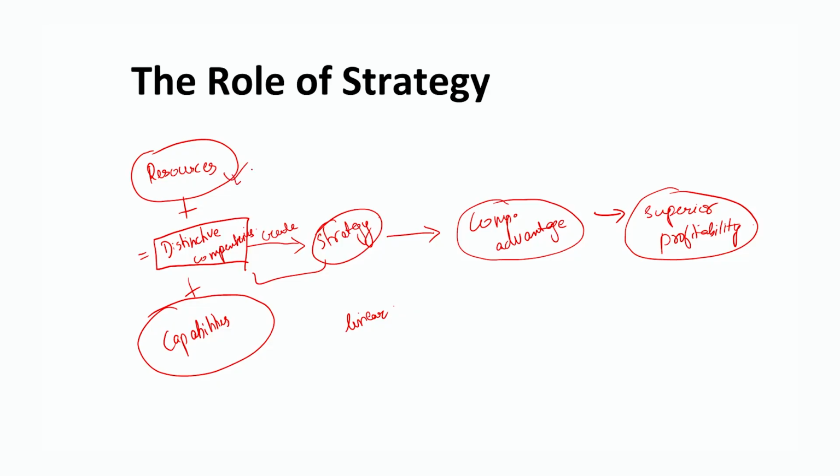At that time, Michael Eisner adopted a few strategies based on their existing resources and capabilities. What he did, many old Disney classics were re-released. Movies like Aladdin, Beauty and the Beast, Lion King, all these movies were re-released. So basically they used their existing resources in order to create their strategy.